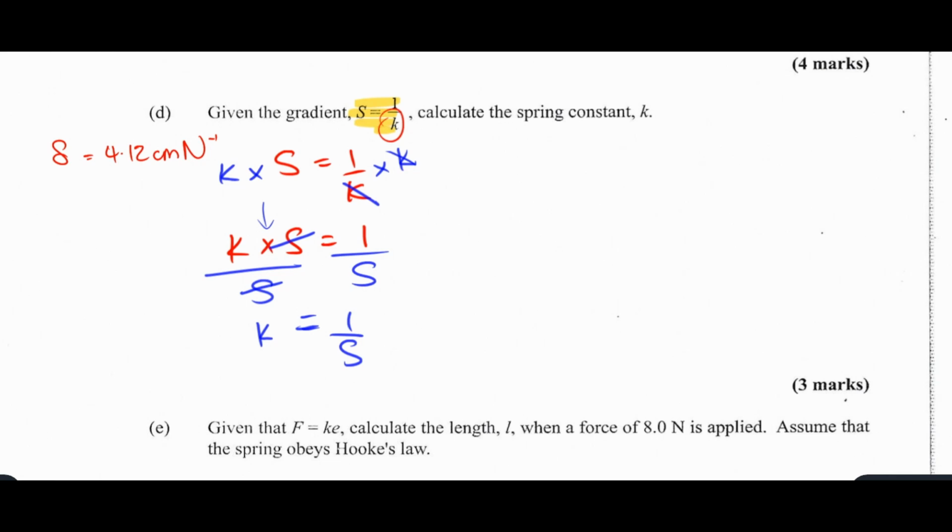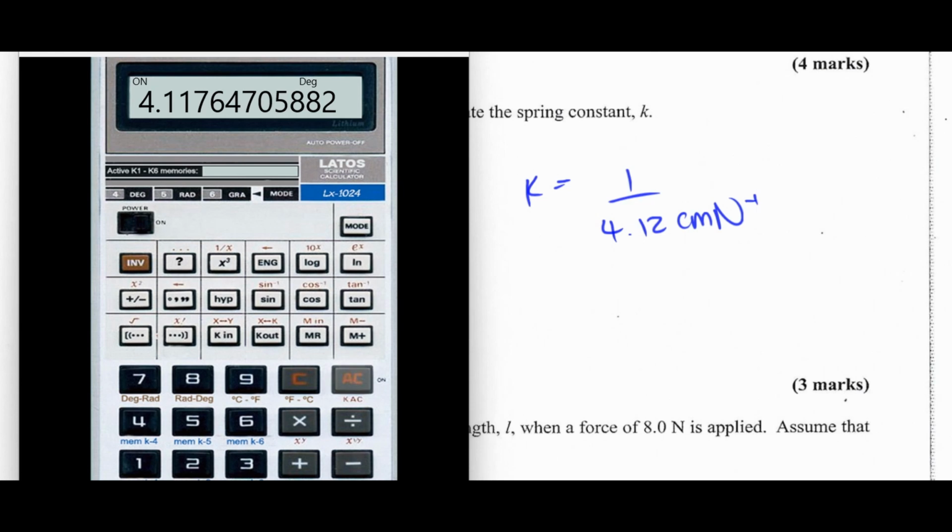So now we can find K to be equal to 1 over 4.12 centimeters per newton. And basically these units will flip because it's the inverse. So 1 divided by 4.12 is equal to 0.24.